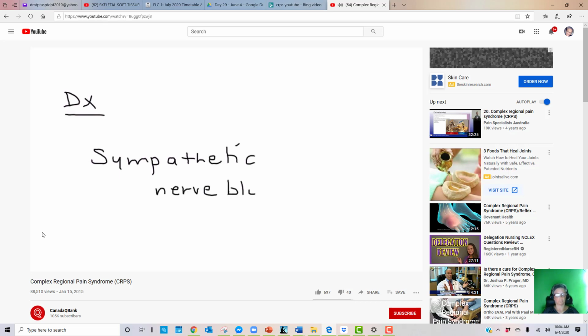And then one final thing about diagnosis is that, interestingly, there is a procedure that a pain doctor can do called a sympathetic nerve block. And this is definitely a very specialized procedure. This is actually used as a diagnostic tool.